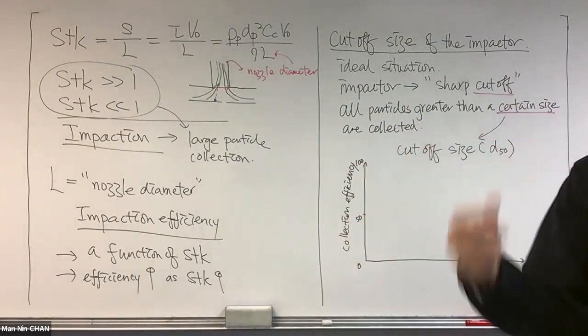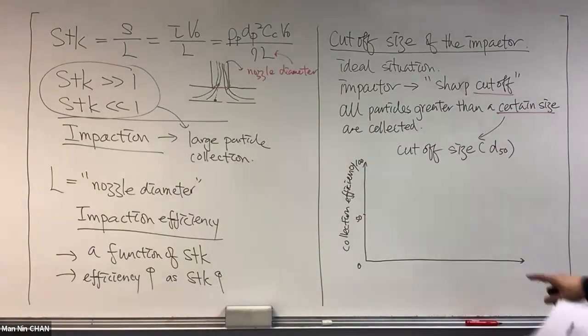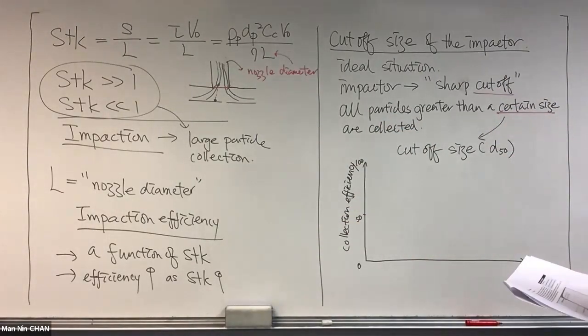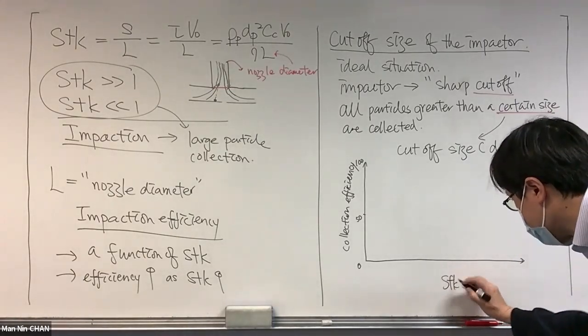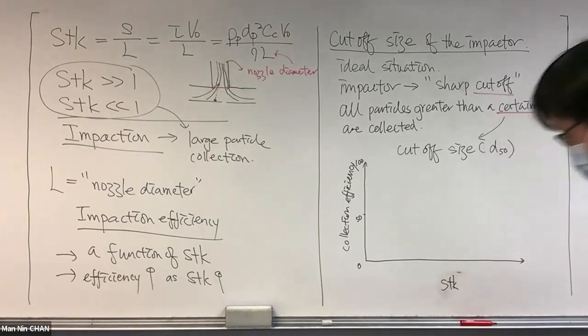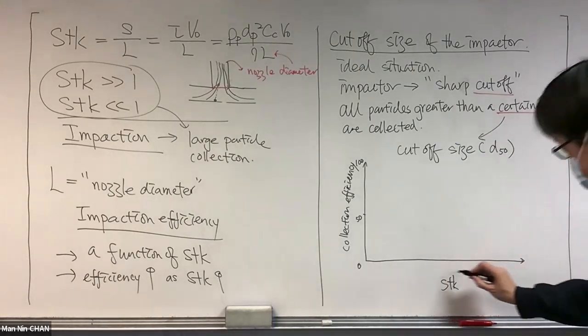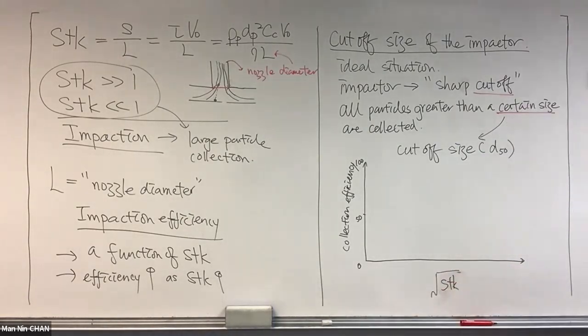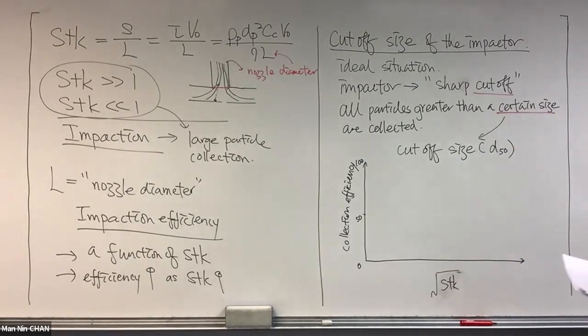It's the fraction of your particles being collected by impaction. Your x-axis is the Stokes number of your impactor. Sometimes people take the square root of the Stokes number, but basically it is the Stokes number.